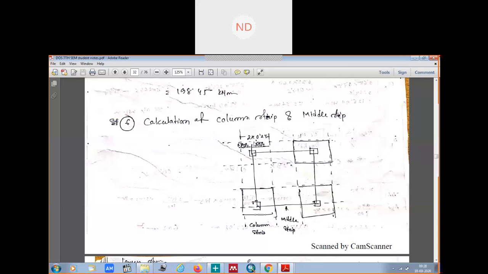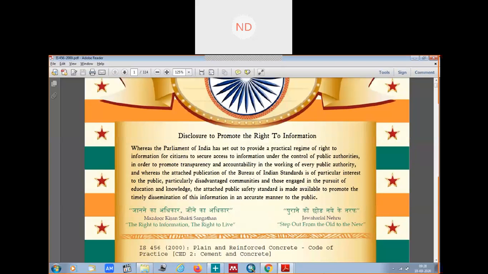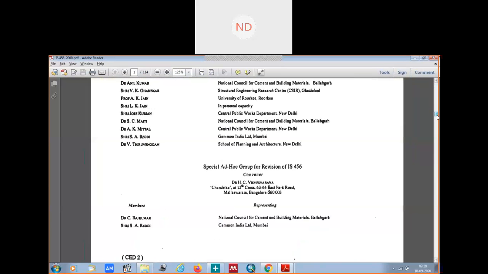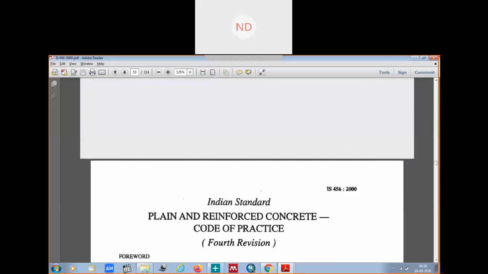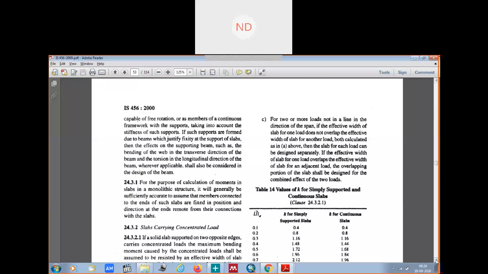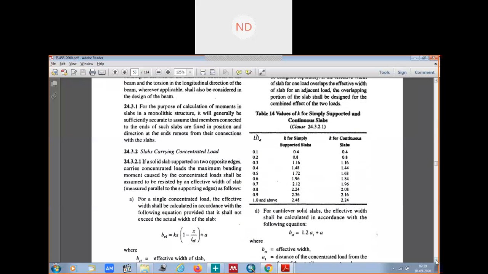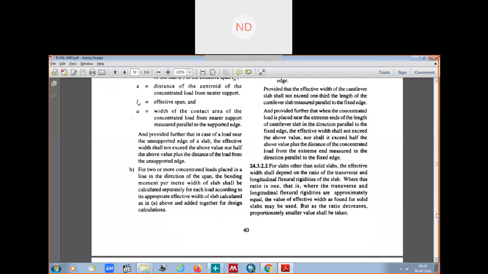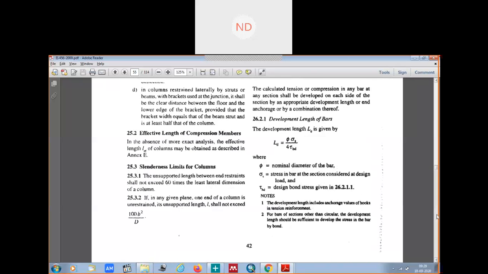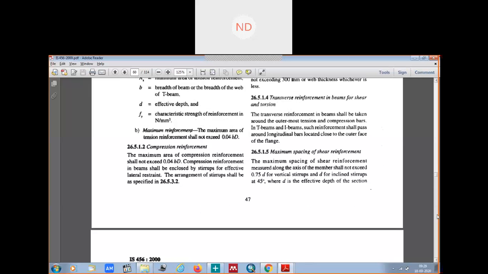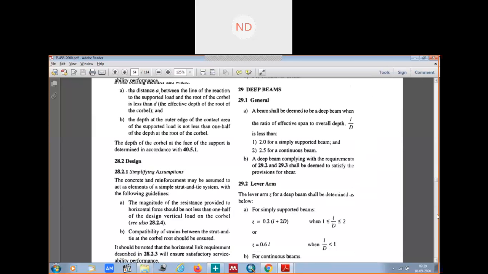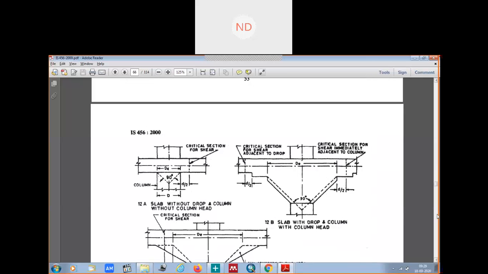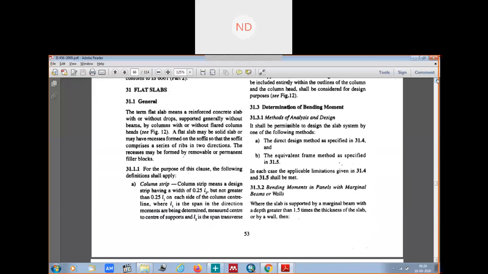So for that again we have to go to the IS code, page number 53.